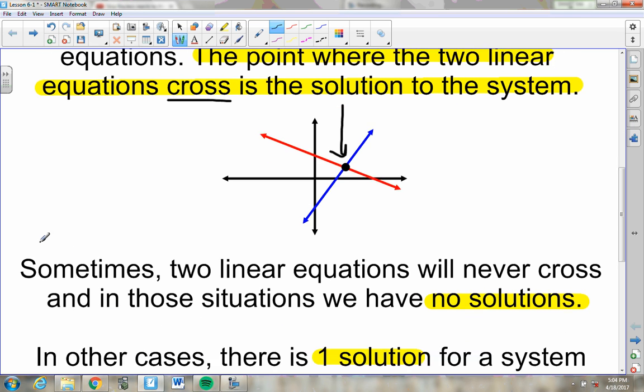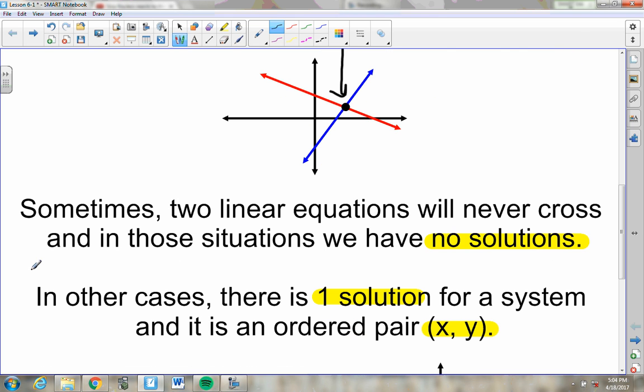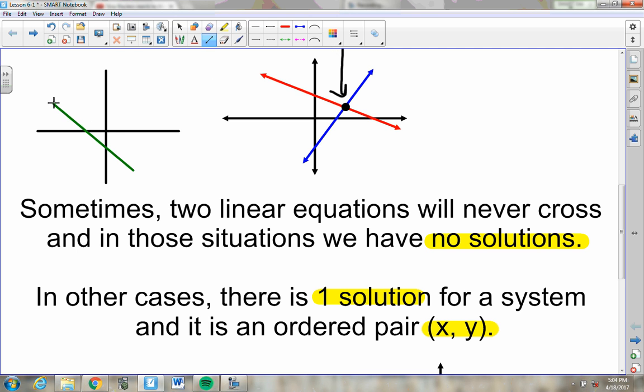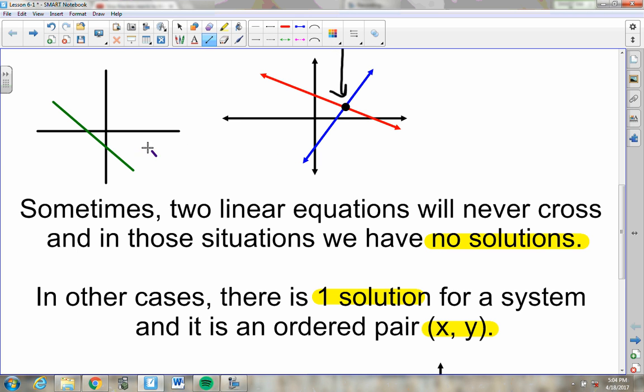Now, sometimes we have two linear equations that will never cross, and in those cases we just say we have no solutions. Let me show you a quick example of that. That would be like if I had this line and then I had this line, and no matter how far I extend these two lines, the purple one and the green one, they are never going to intersect.